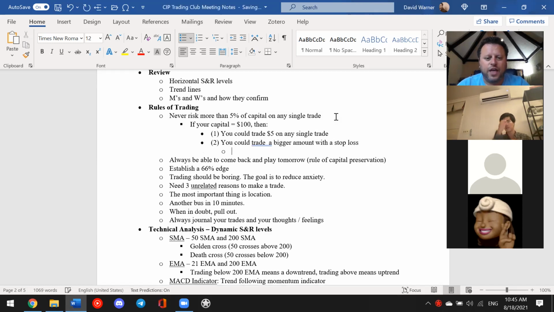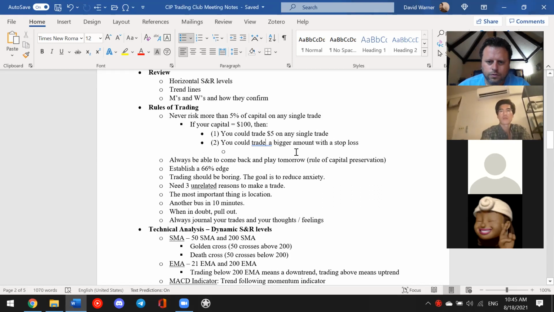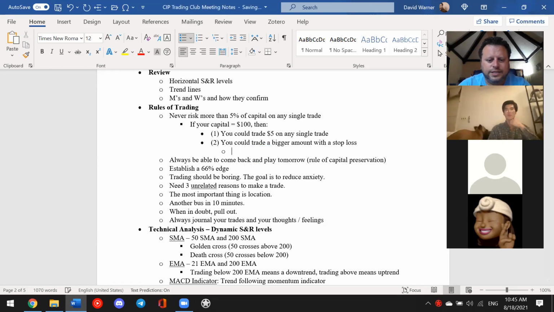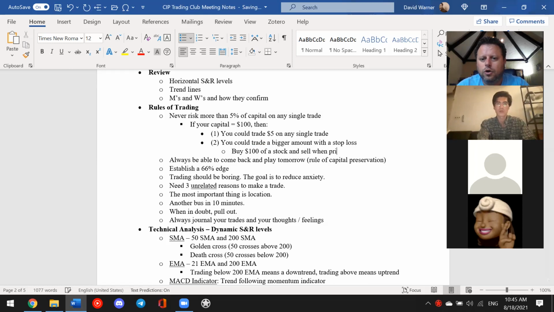So an example would be, let's say you buy $100 of a stock and sell when price goes to 95. Does that make sense? Because that's a pretty important idea, that there are two ways to do this 5% of capital rule.